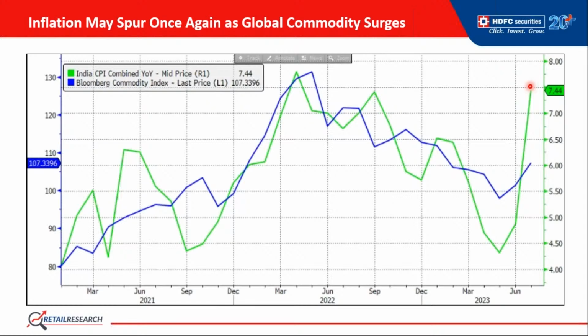Now we are at a 9% deficit of the average rainfall. So that is another concern. Hope for the best that September remains a better month and we can catch up on rainfall. So inflation is still a worry for the domestic as well as the global side.